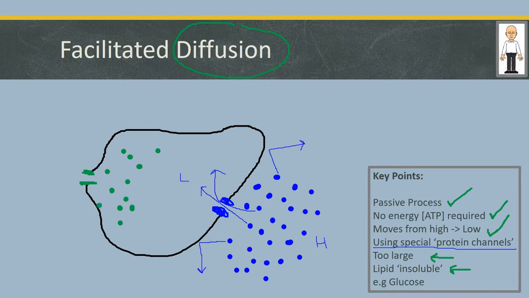So molecules can move from inside the cell to outside the cell, from areas still of high concentration to low concentration using these protein channels. Again, they're large, they're lipid insoluble, so if this green molecule here decides to hit this part of the cell membrane, it would be repelled because it's not using a protein channel. It has to use a protein channel.